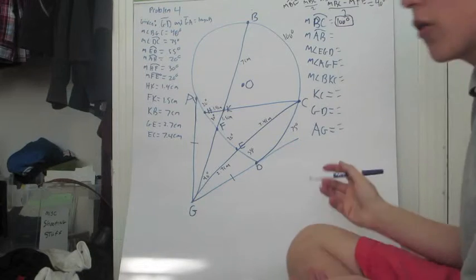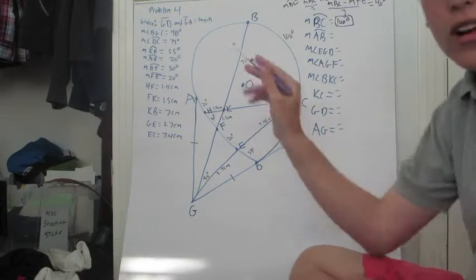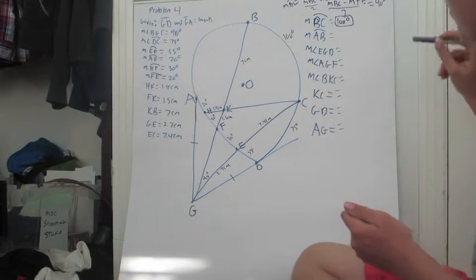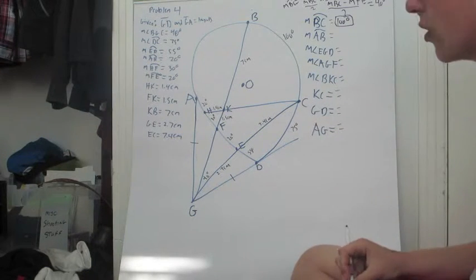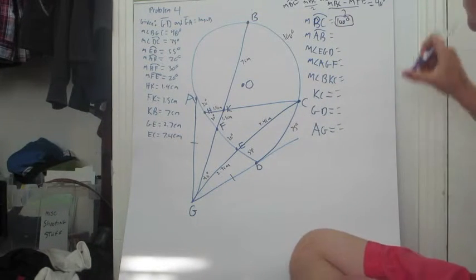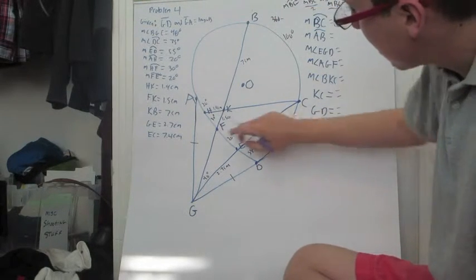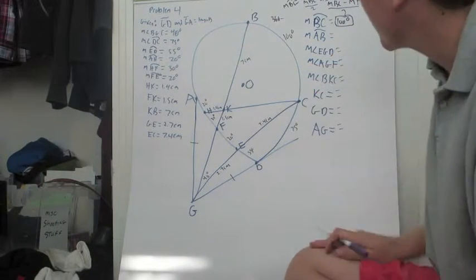The next arc we can figure out is the measure of arc AB. And we can figure out the measure of arc AB by using the total sum of the arcs of the circle. The total sum of the arcs of the circle is 360. And if we take the total sum of 360 minus all the rest of the parts, we would get the remaining part right here.